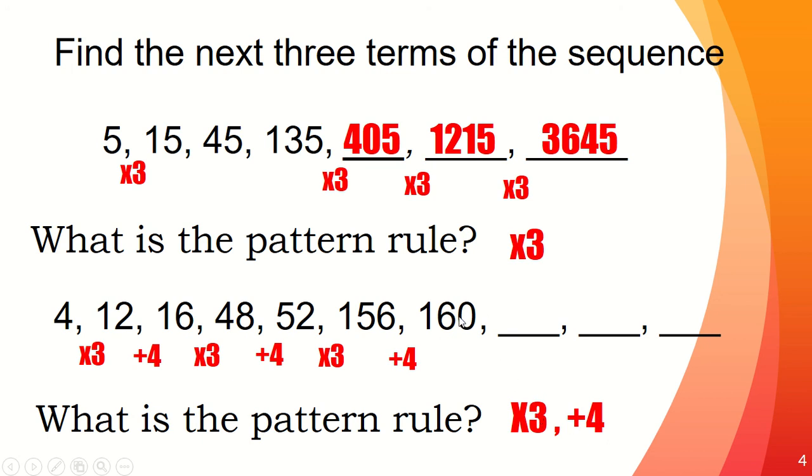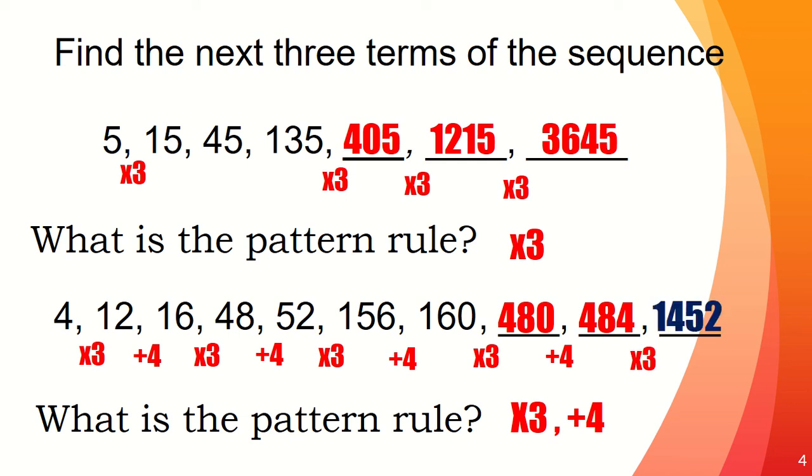So, kasunod dito, 160 times 3, we have 480. Plus 4, we have 484. Times 3, we have 1,452. So, possible to have two pattern rules.